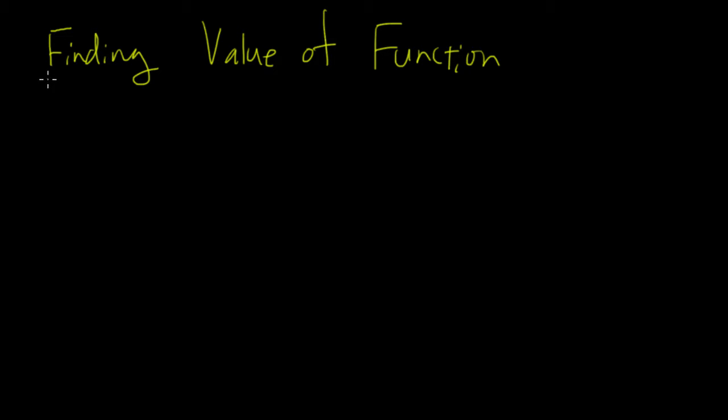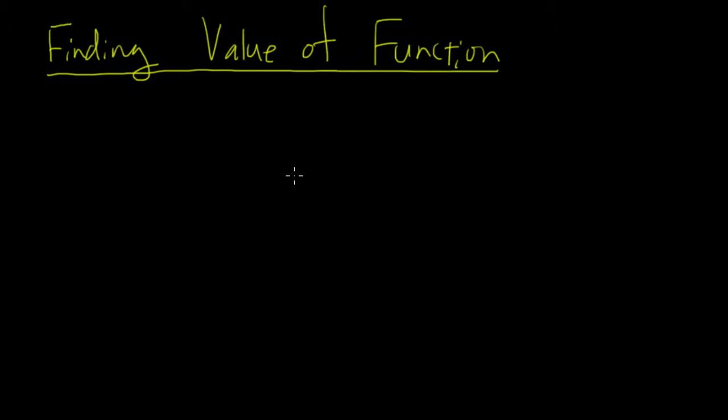Before we get into an example, let's talk about functions in general. We can think of a function as a box that has a name. I think of a function as a box where something goes in and something comes out.